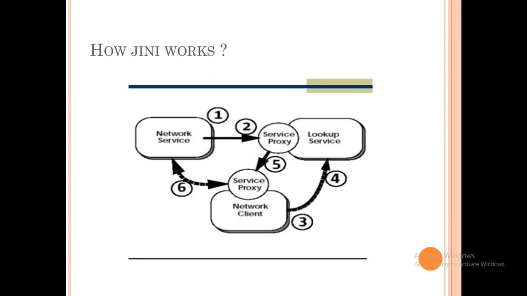Third, the network client discovers the available lookup services. Fourth, the network client sends a request to the lookup service to find the data services. Then on receiving it, the lookup service sends the registered service proxy to the network client. And lastly, the network client interacts directly with the network services via the service proxy. That is how Jini works.